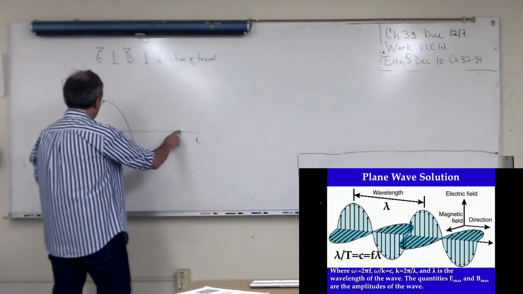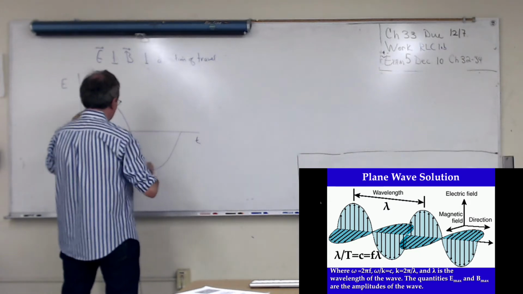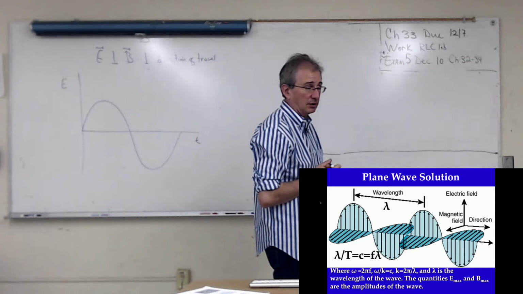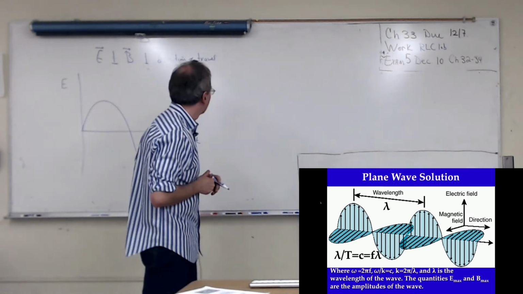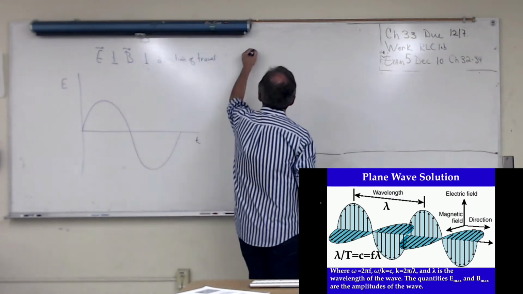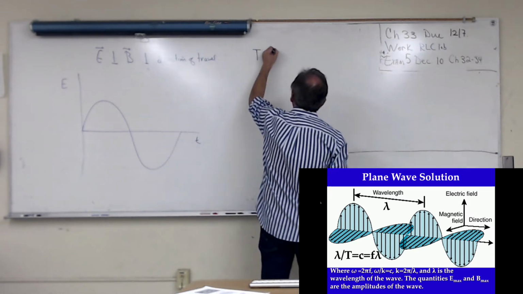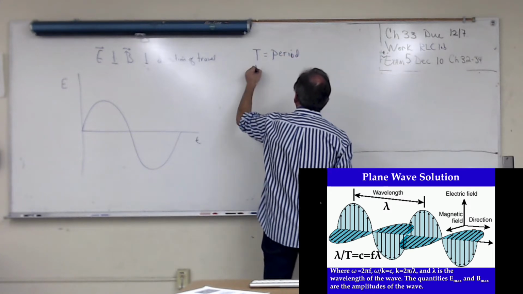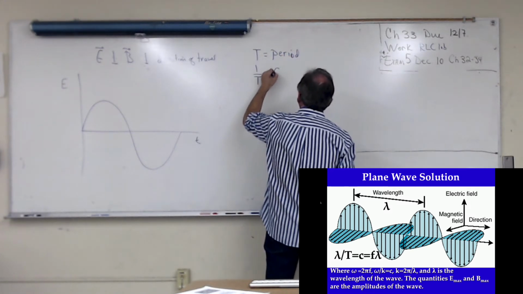The time that it takes for the oscillations to repeat themselves, for the electric field itself to repeat itself, is called a period. One over the period is called a frequency.